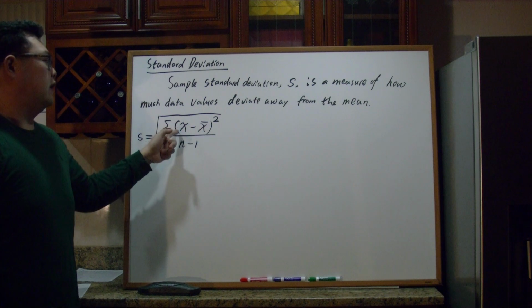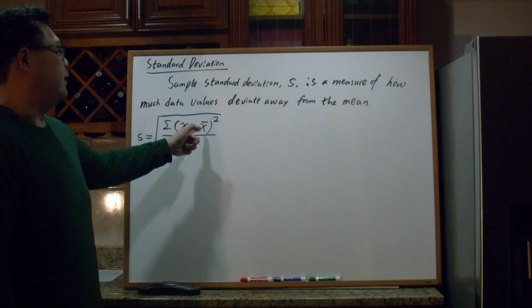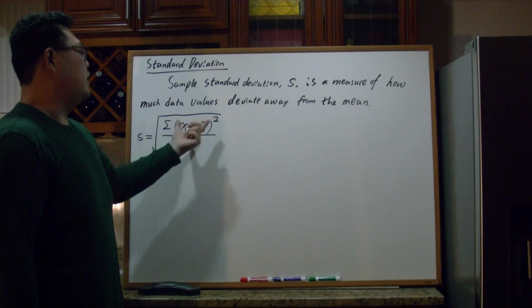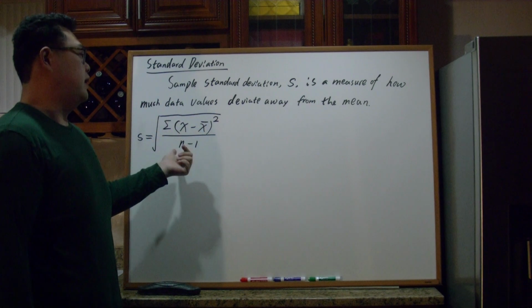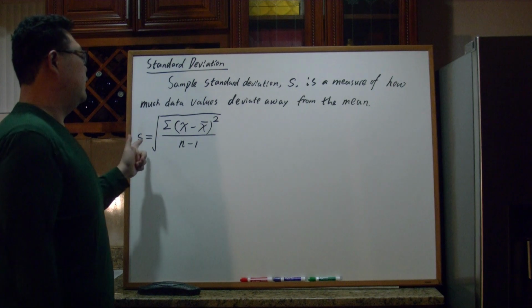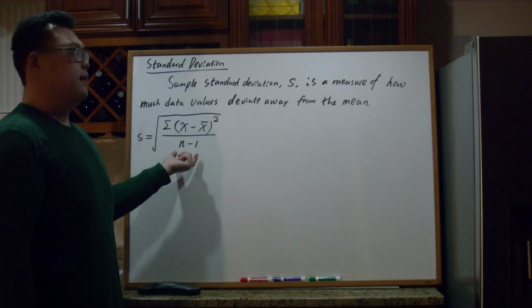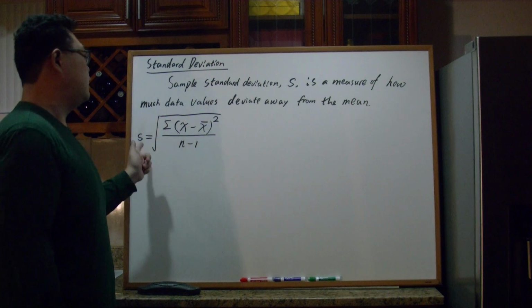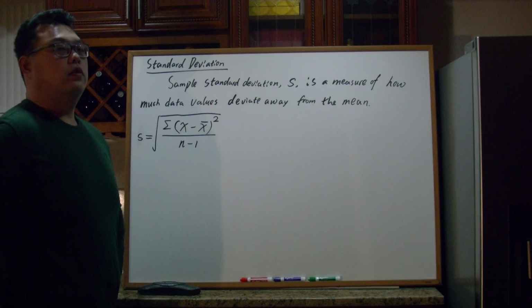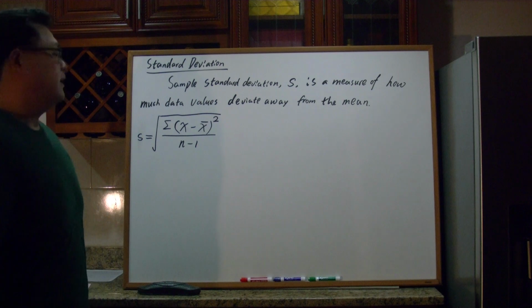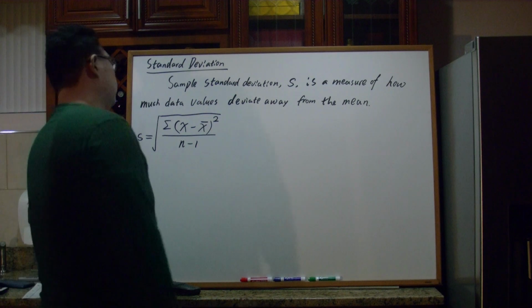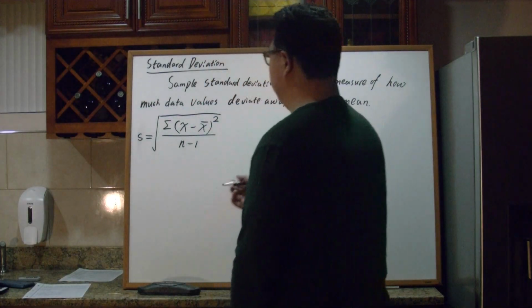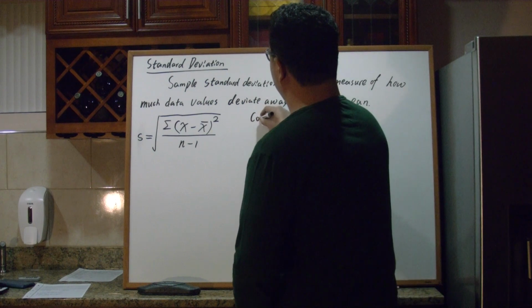That shows how far the data are from the sample mean. We square the difference and take the sum divided by the number of data, but we use n minus 1 to divide instead. Since that's second order, we take the square root to make it the standard deviation. That is the definition formula.